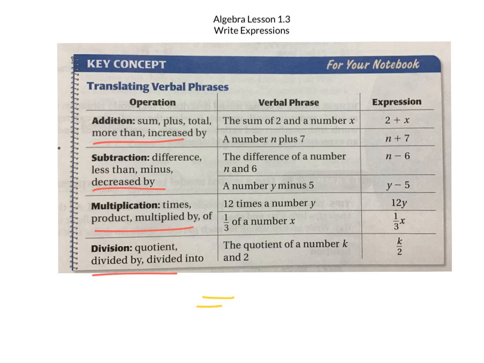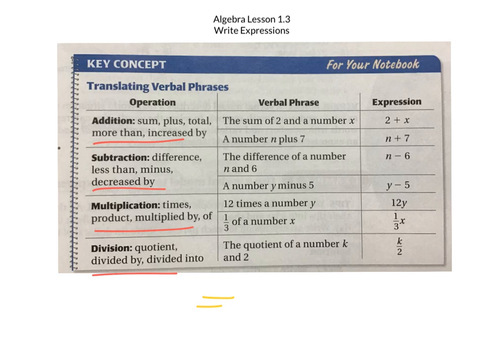Multiplication, you hear times, product, multiplied by, and the word of, like in the phrase, how much is 50% of 100? When you see that of, that means multiplication. And then division: quotient, which is the answer to a division problem, divided by or divided into. So these are all the phrases you need to recognize when you're writing or reading verbal phrases.